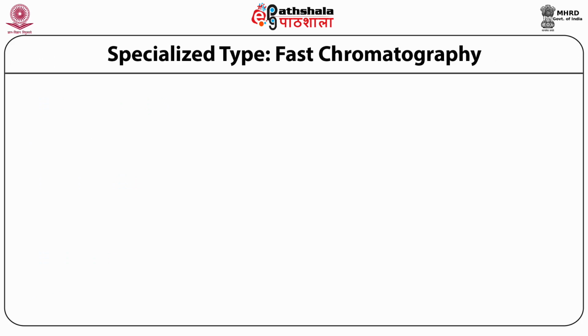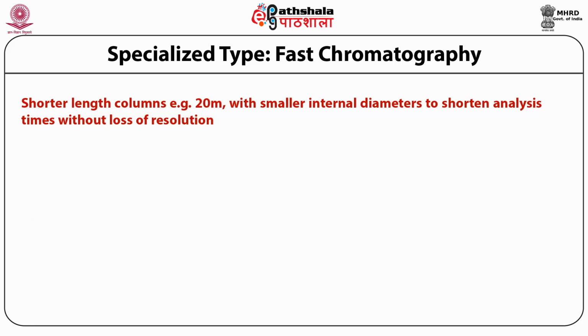I would like to wrap up with a mention of a specialized type of gas chromatography called fast chromatography, which typically involves using much shorter length of columns than the wide range available, and they have much smaller internal diameters that allows the analysis time to be much shorter. And these short columns, along with the fast oven temperature ramp rates, so the change in temperatures are much faster.